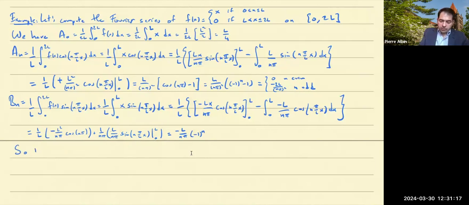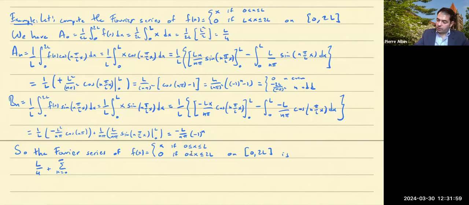Okay, so we can conclude that the Fourier series of the function, which is equal to x if 0 is less than or equal to x less than or equal to L, and 0 if L is less than x less than or equal to 2L, on the interval 0 to 2L, is L over 4 plus the sum, k goes from 0 to infinity.